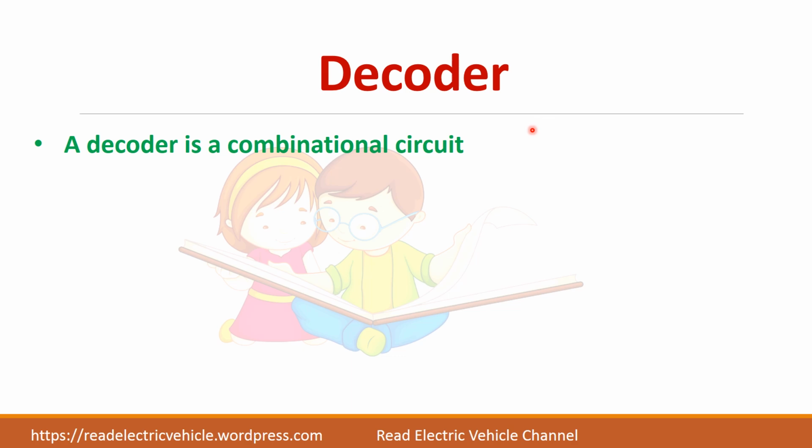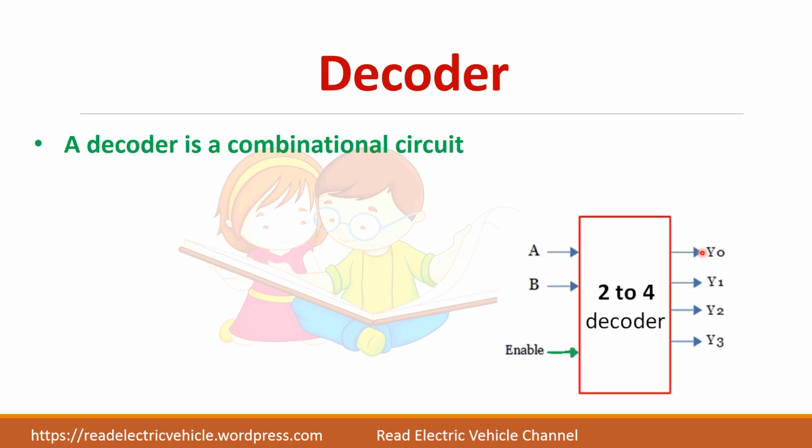What is a decoder? It is a combinational circuit. What do you mean by combinational circuit? For different input combinations, you will get some output. For example, I have taken a 2 cross 4 decoder. It means that it has 2 inputs and 4 outputs.